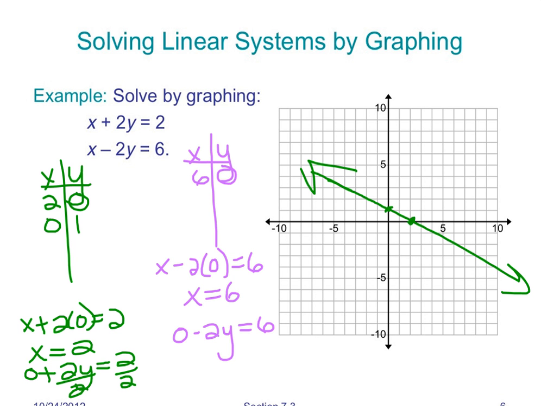Divide by -2. And you get y equals -3. So I'm going to plot those 2 points. I have 6, 0, and 0, -3. And connect.